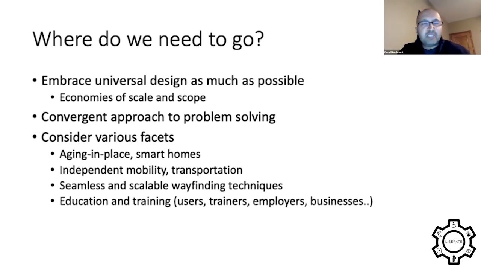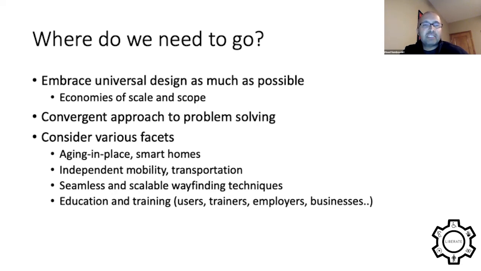Based on my experiences and work, I think there are many facets where we need to address challenges. Things like aging in place, smart homes, especially the living piece in a home kind of situation. Then getting around: how do people with disabilities get around, transportation? Then how do they find things, indoors, outdoors, in the community?